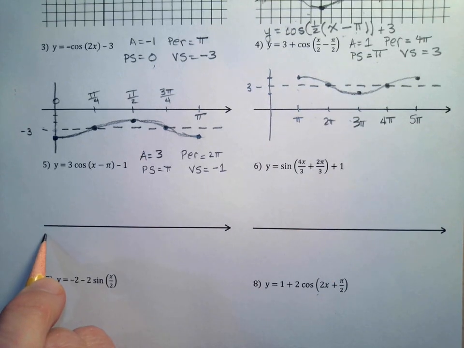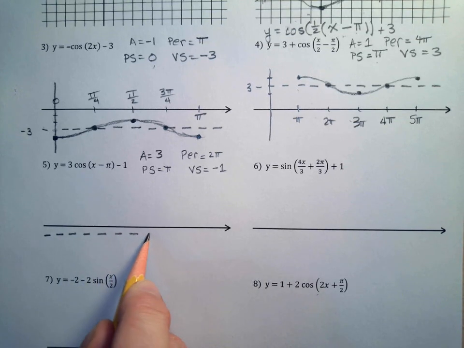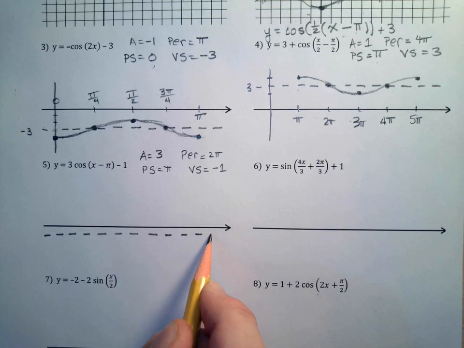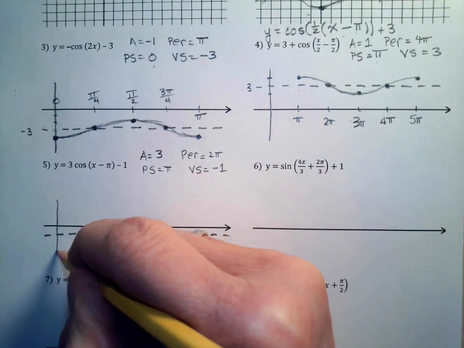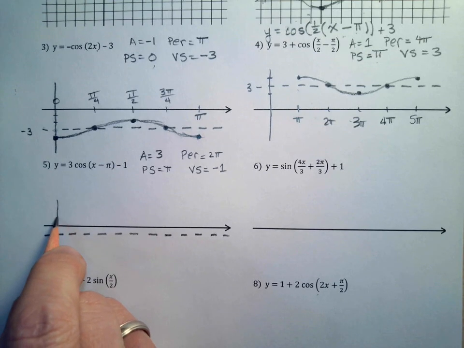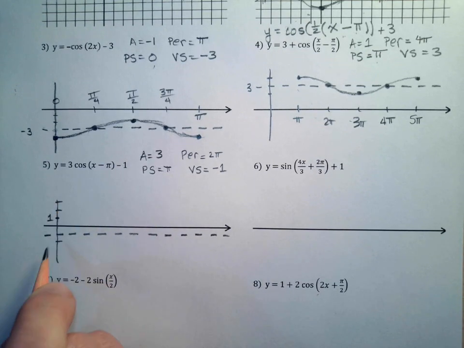So our baseline, let's call it here, going down -1. Let's go ahead and put in our y-axis, and let's put in some units. So that's going to be 1, 2, 3, 1, 2, 3. Okay.